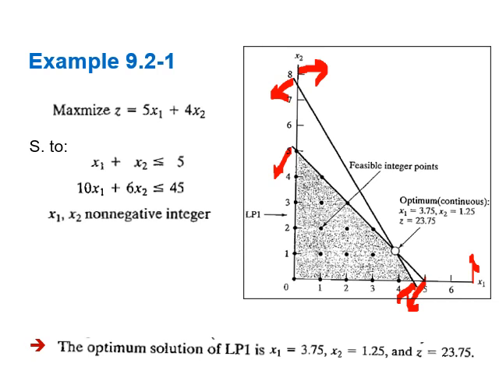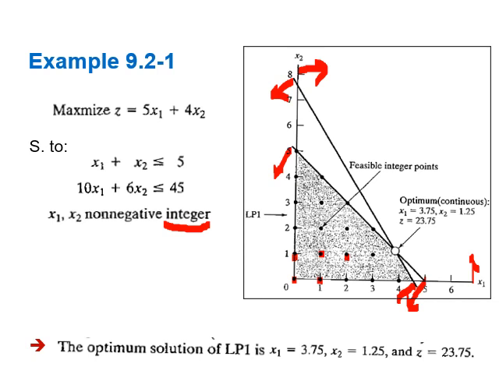But be careful, the decision variables are restricted to be integers. So the feasible solution of this integer programming formulation is not the shaded area. The feasible region is only these black dots. All of these black dots are the feasible region of the integer programming formulation.